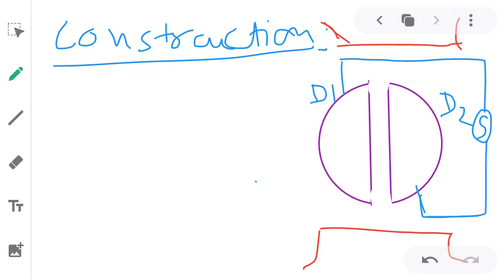Let's say this one is north and this one is south. The magnetic field due to this electromagnet is perpendicular to the plane of the D's, you can see from the diagram itself.